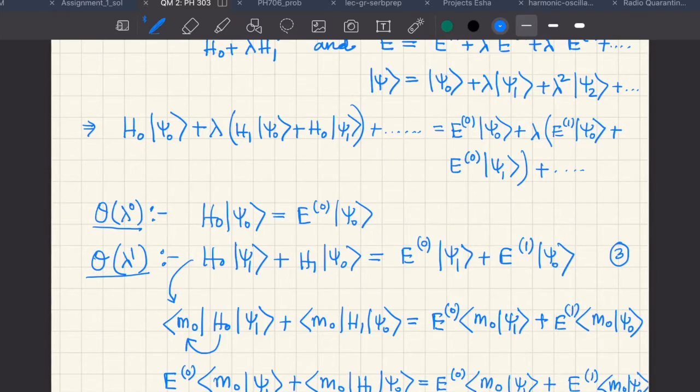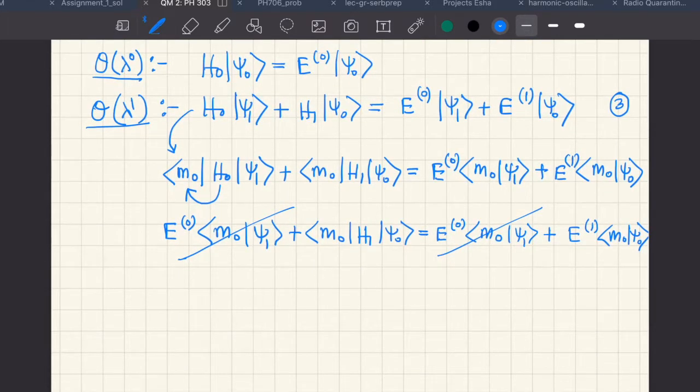Now because this E naught bra m naught psi 1 is on both sides, they cancel, and what we finally arrive at is bra m naught H1 psi naught. This matrix element is equal to the first order correction to energy times the inner product of m naught with psi naught. Remember, this psi naught was the linear combination of the states m naught and n naught, which are degenerate.